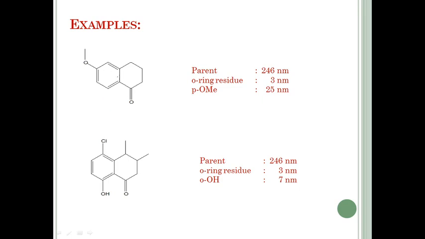So consider this aromatic system which has a ketone, acting as the ketone functionality. For this system, the parent value must be 246 nanometer, and you have to see where the substituents are present.